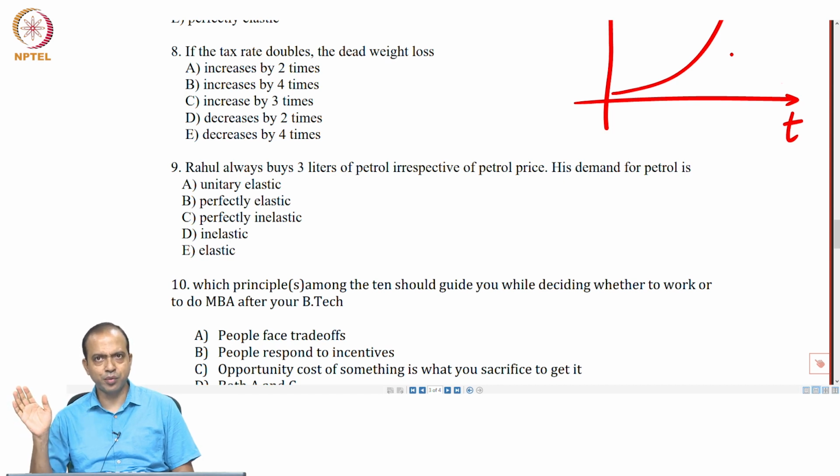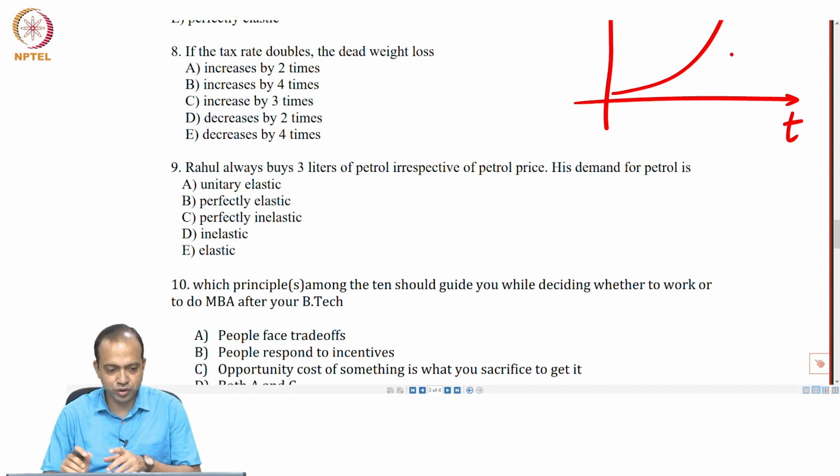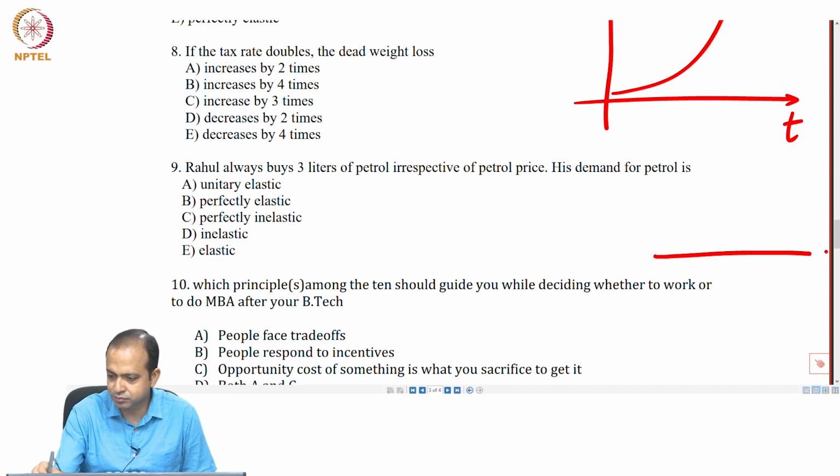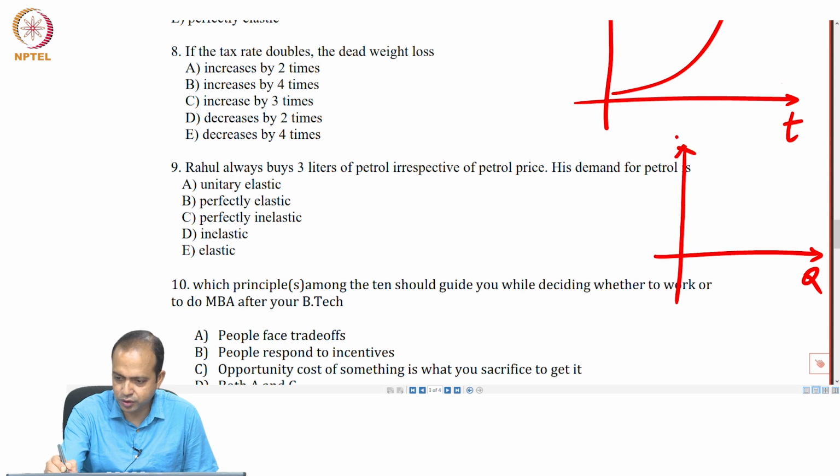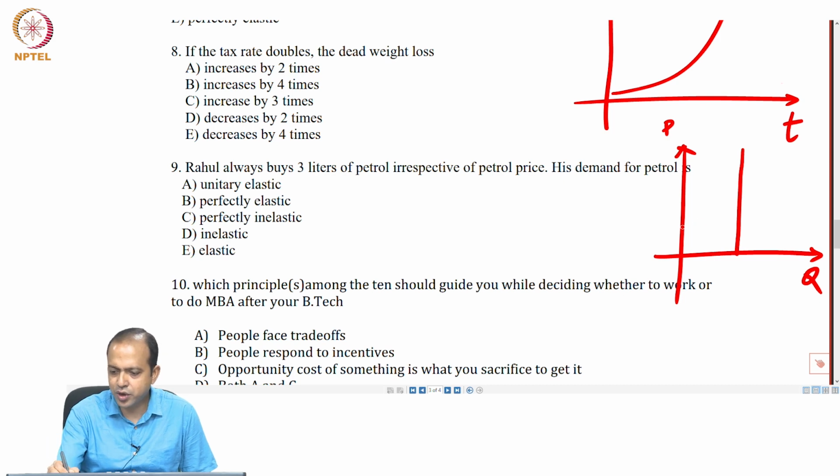So, whatever happens to the price, my petrol consumption always remains 3 liters. There is absolutely no change. So, if I ask you to plot this, let us say this is quantity and this is price. What should be the shape? The shape is this. So, at different prices, let us say this is P1, this is P2 and this is P3, but the quantity demanded remains the same at, let us say, Q star.